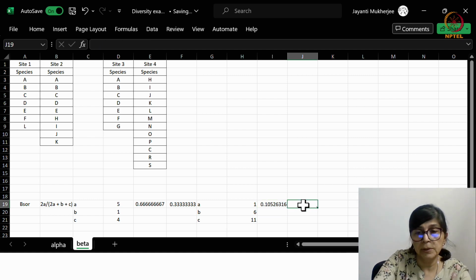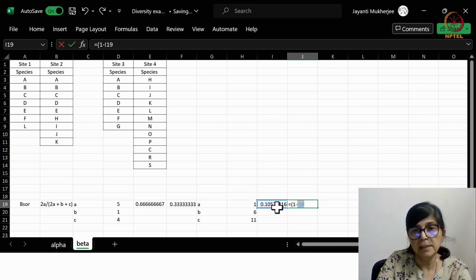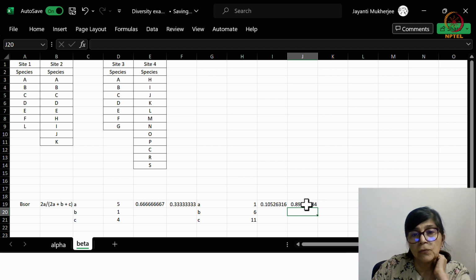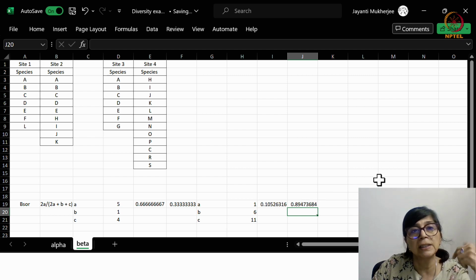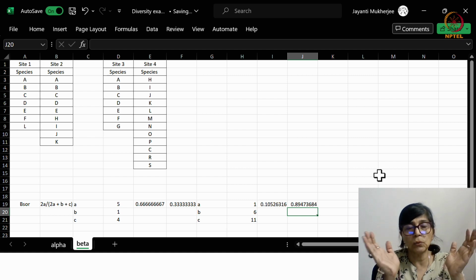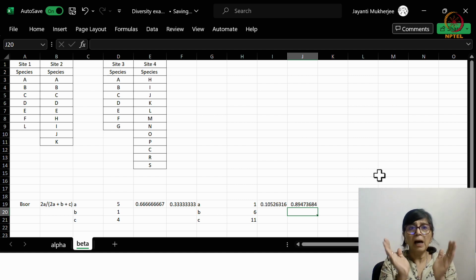And if you do similarly 1 minus this, you will get much higher turnover. So the uniqueness of the next site compared to the first site is much more. So these two sites are not very comparable.